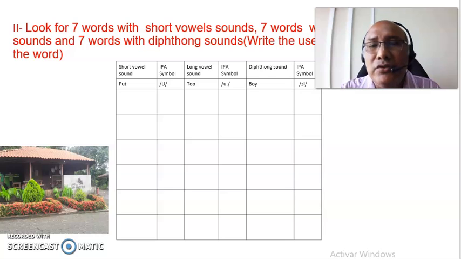So you have to do the same every time you write a word, according to whether it's a short vowel sound, a long vowel sound, or a diphthong sound, and then you write the symbol that corresponds to it. Okay, don't forget to do that.